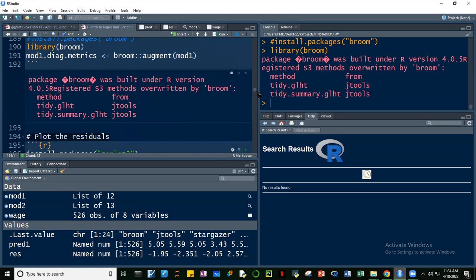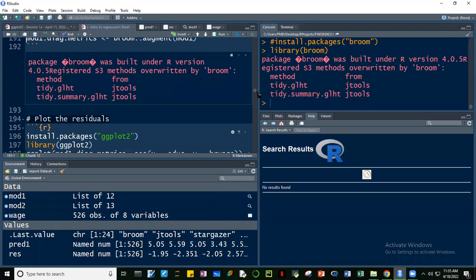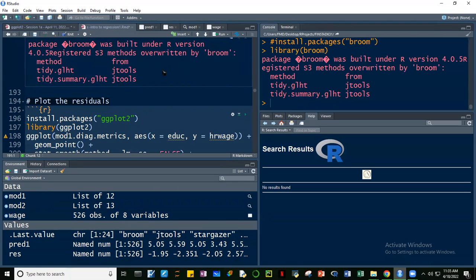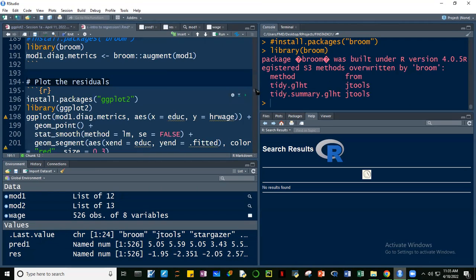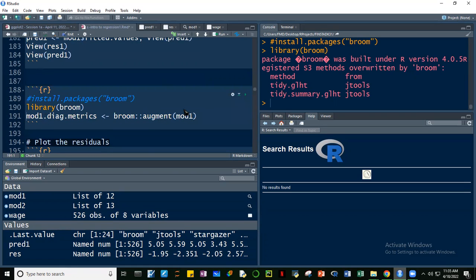Okay, built under our version. Okay. And then sabi dito, overwritten by, may mga functionalities si JTools na in-overwrite ni Broom. Ibig sabihin, itong function na to, which is also found in JTools, in-overwrite ni Broom yan. Okay. Anyway, so let's run this.